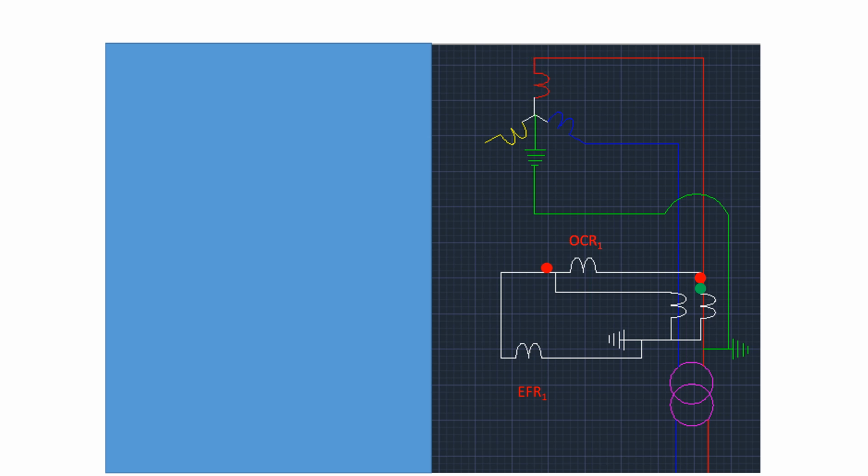Due to the earth fault, there is a current difference in red phase and blue phase. Hence, there is a current difference in CT1 and CT2 also.